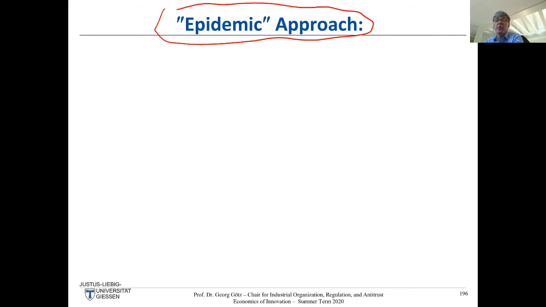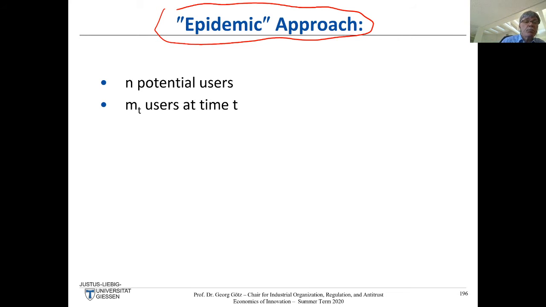Here the disease is the new technology, like the new hybrid corn. And the infection means that you obtain sufficient information on the new technology so that it is adopted. As a farmer somewhere in Ohio, you learn about the new technology from what other farmers do. So you have n potential users. Actually, in Germany, you would have 80 million people who can get COVID-19.